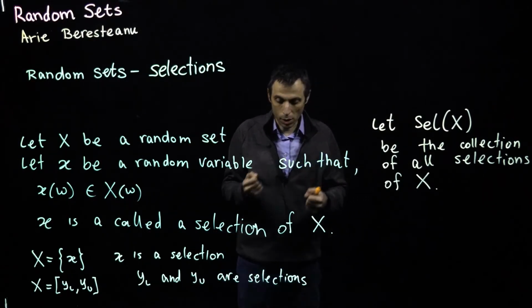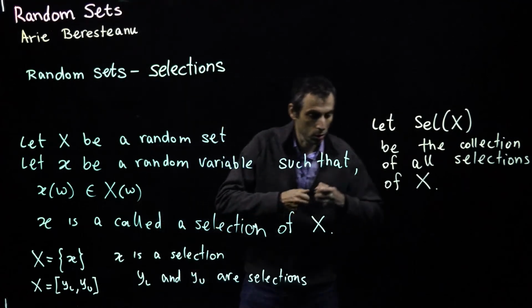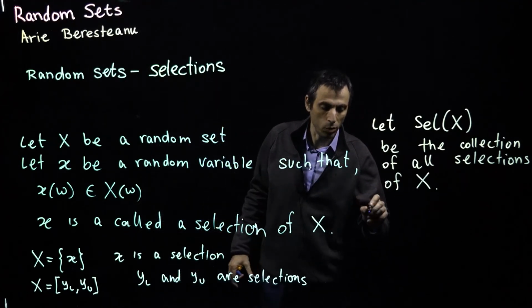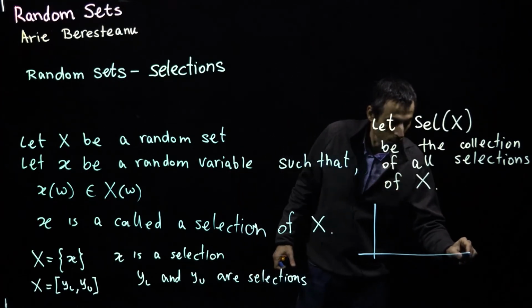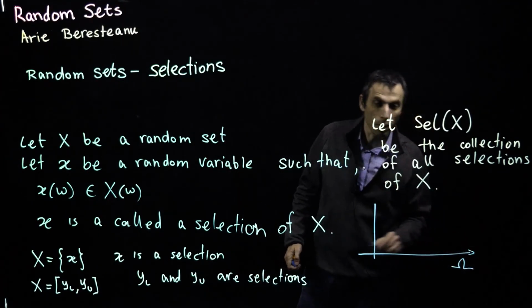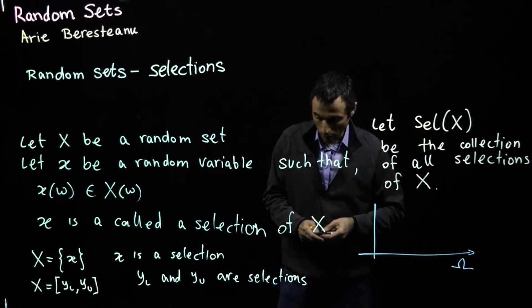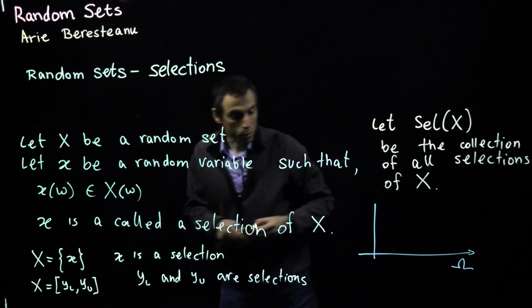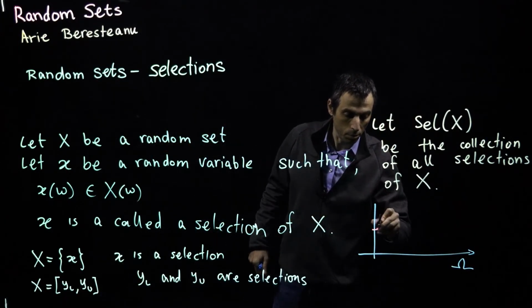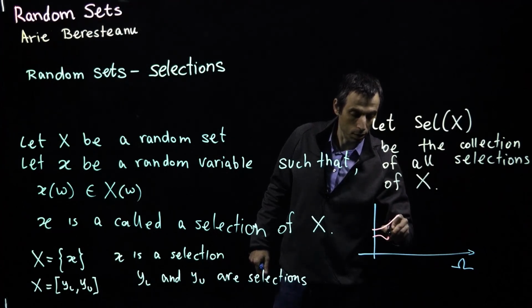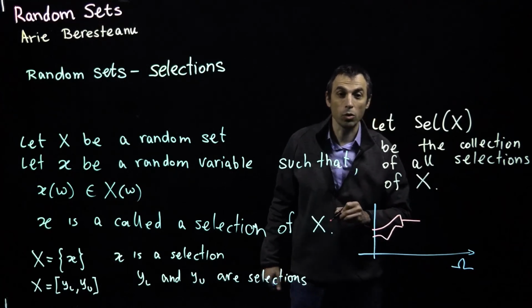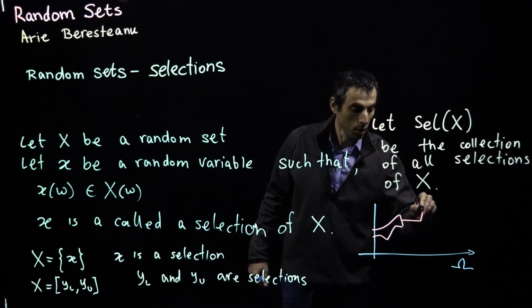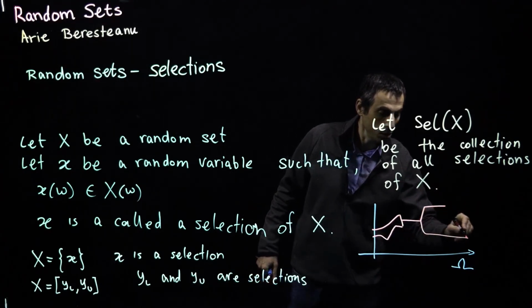If you want to draw a picture, it's an abstract representation. If that was our omega, and capital X would be some mapping that looks like this, and it can be like that, and maybe sometimes it becomes just one point, and then it opens up again, and so on.